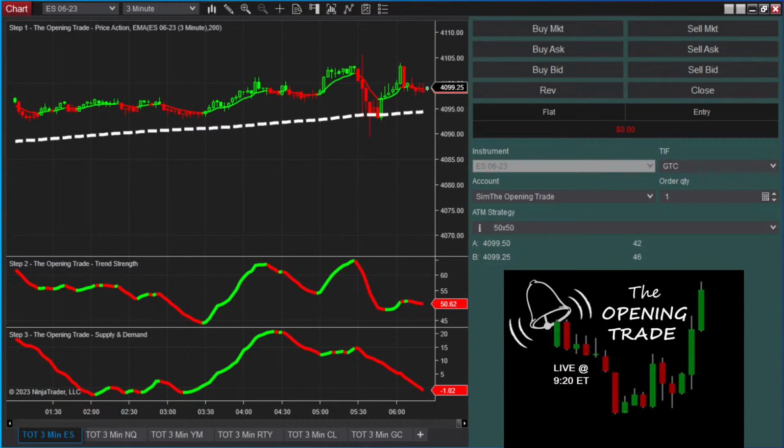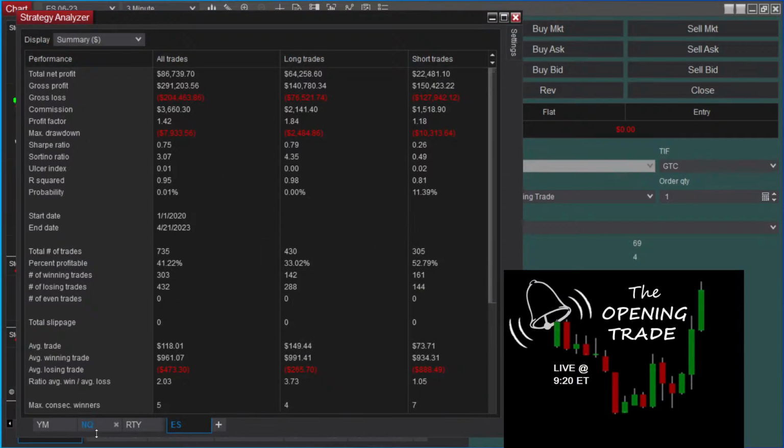Today, 8:30 Eastern Standard Time, the advanced GDP quarter for quarter came out lower than expected. The unemployment claims came out lower than expected. The advanced GDP price index quarter for quarter came out higher than expected. And I'm still missing a step. One moment. Let's take a look at our strategy back test.